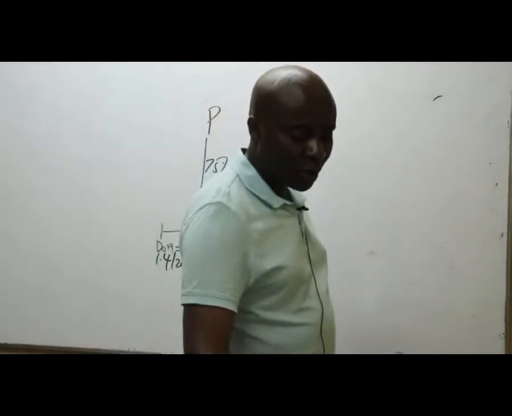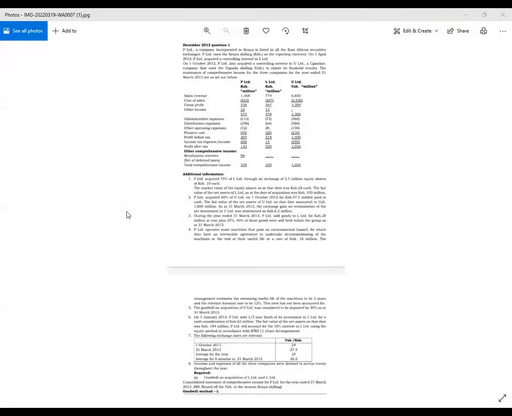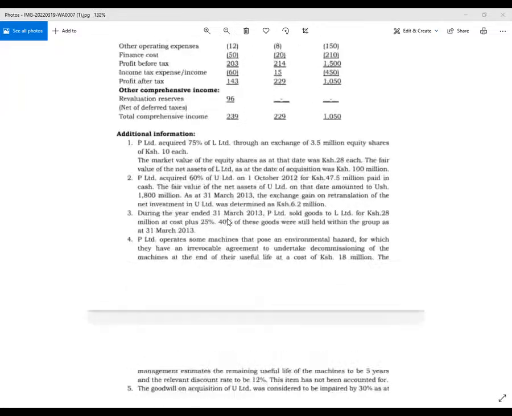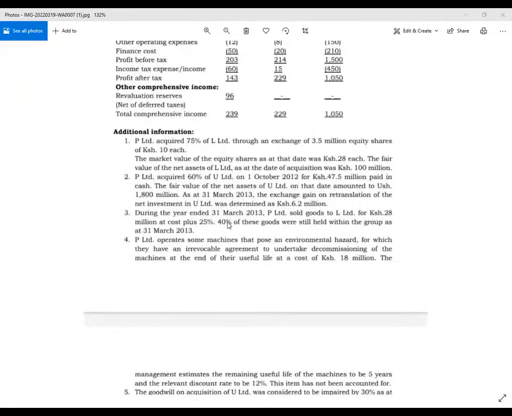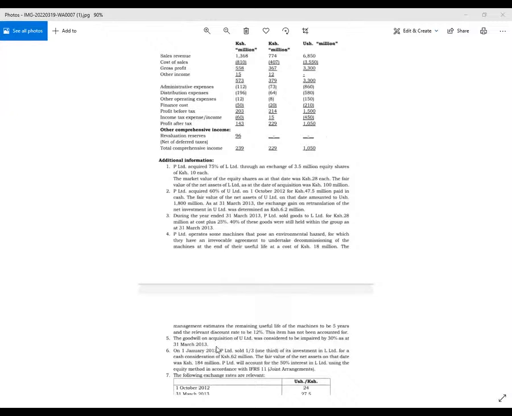Thank you very much. And do we have any legal changes, like acquisitions or disposals? Yes, we have them. Look at note 6. On 1st January 2013, P Limited sold 1/3 of its investment in L Limited for cash consideration of 62 million.